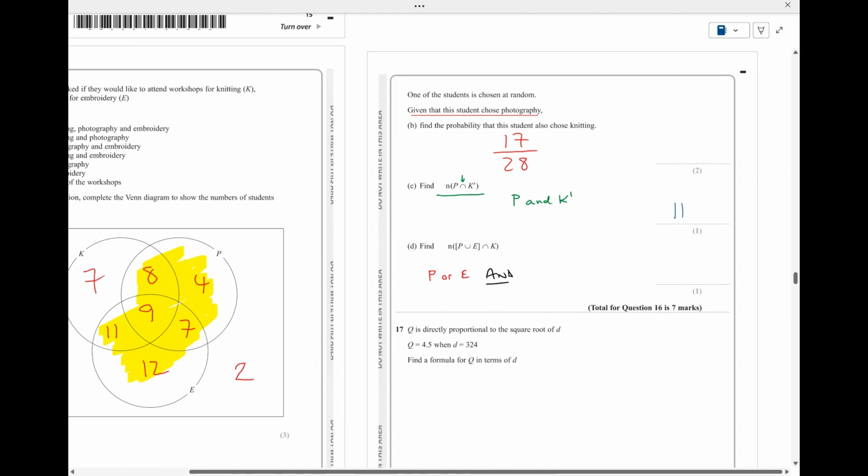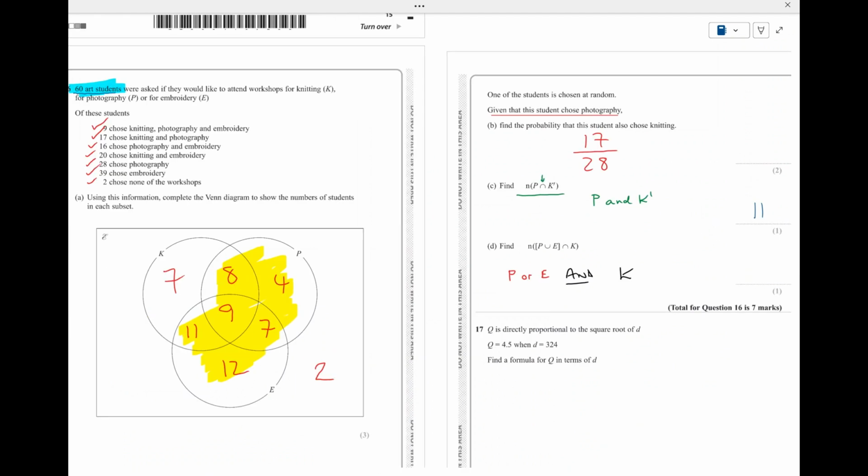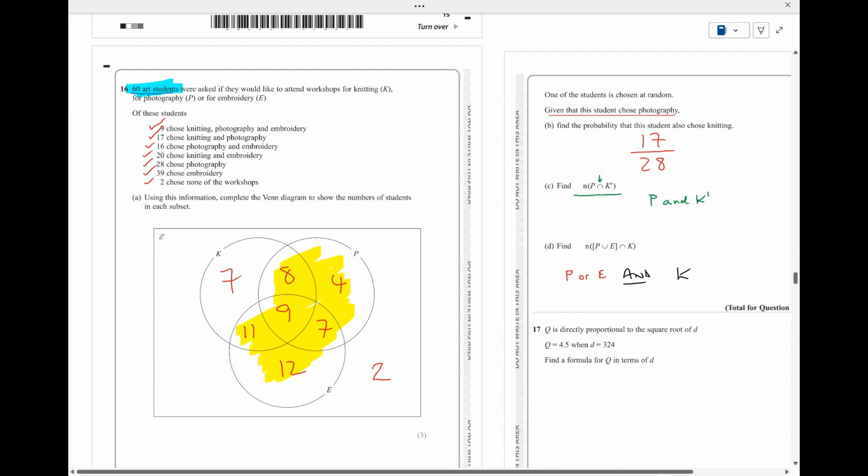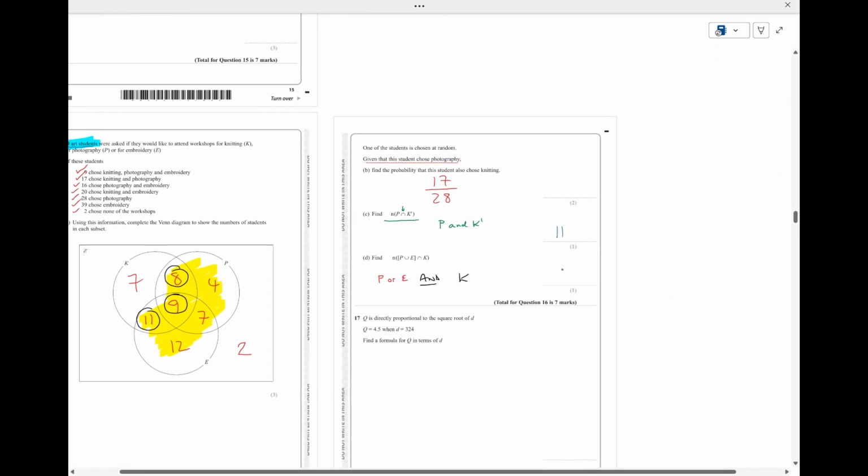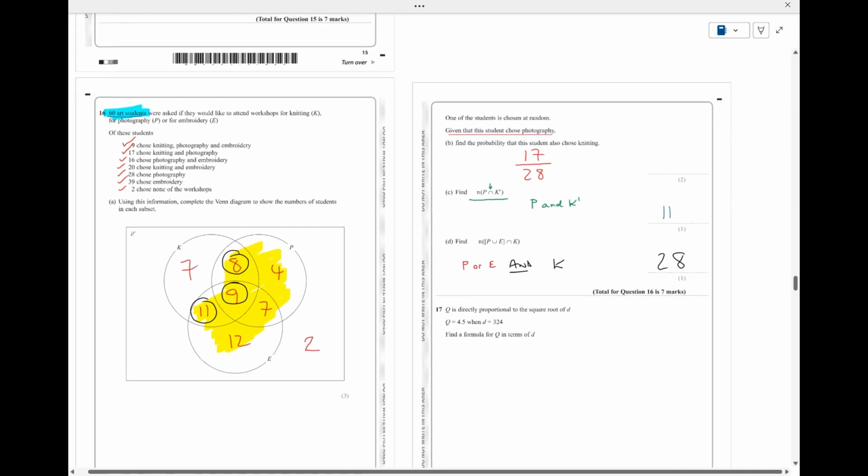And they have to be in K as well. So which of those shaded are also in K? Those ones, and those ones. So the answer there is 28. And that is number 16 complete.